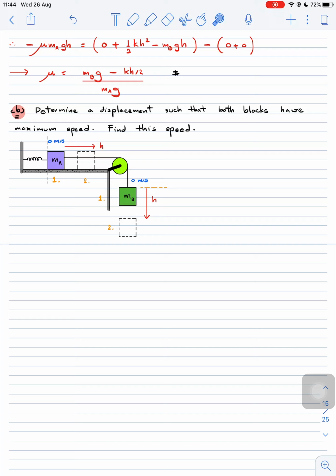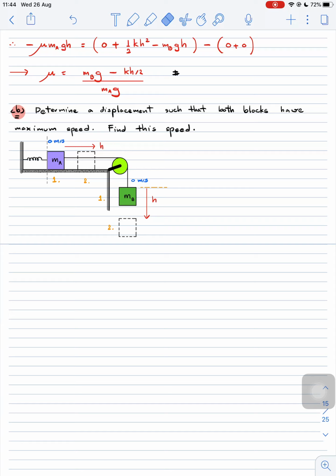So how can we find the maximum value of a function? We need to find the derivative of that function and set it equal to 0, and then we can solve for that position, remember?